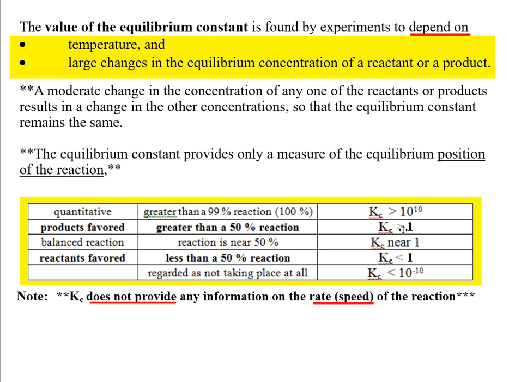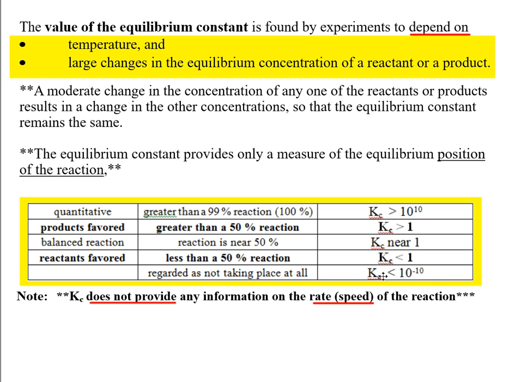If I have a Kc value bigger than 1, more than 50% of the reaction is happening, meaning products are favored, forward is favored. When we have a Kc value less than 1, in decimal values, we note that the reactants are favored and less than 50% of the reaction is happening, meaning that there's more reactants left instead of making products.